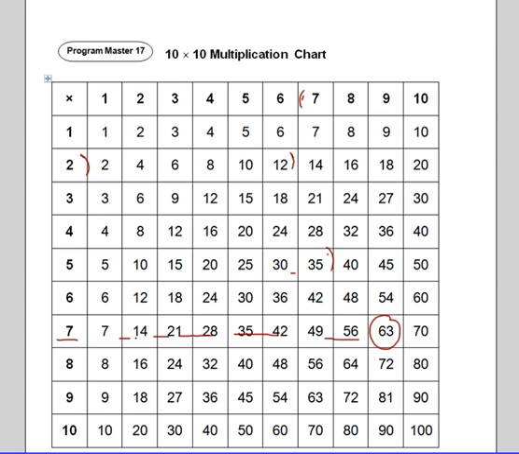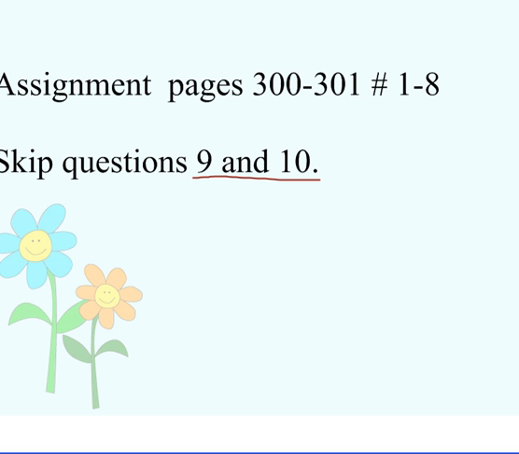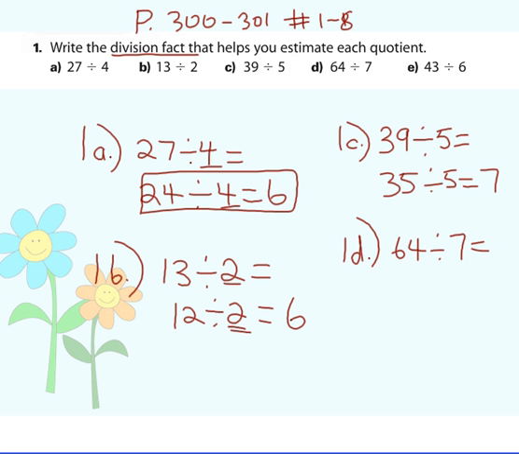And that's right there. So 63 divided by 7 equals 9 will be the number that we use to solve.